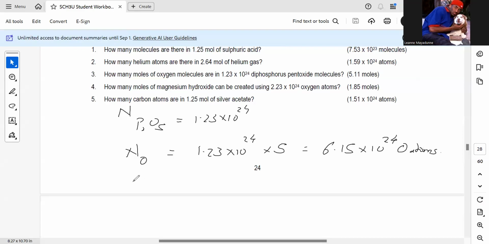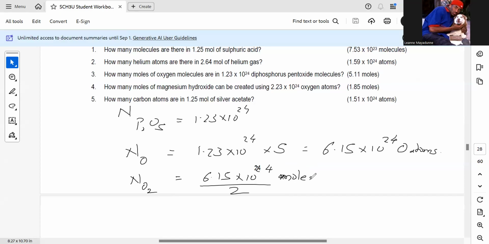Okay. Now n is equal to O2. So N of O2 will be what? Number of O2 molecules will be what? 6.15 into 10 raised to 24, right? Divided by 2, correct?